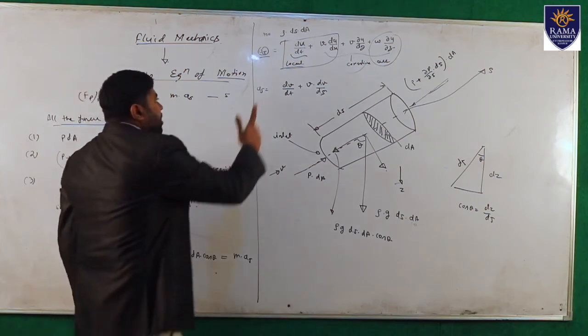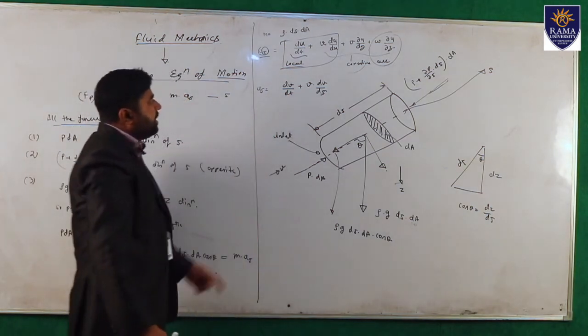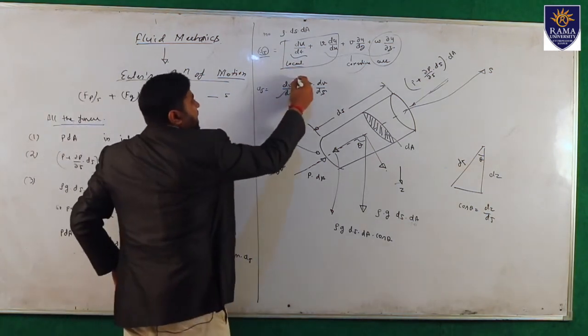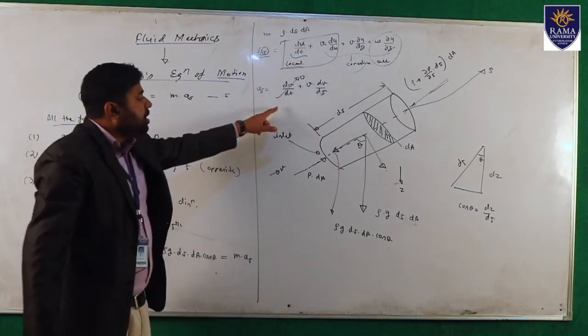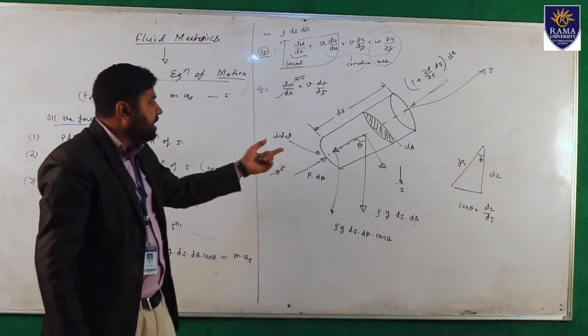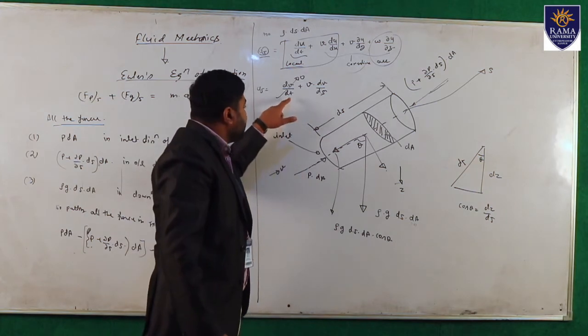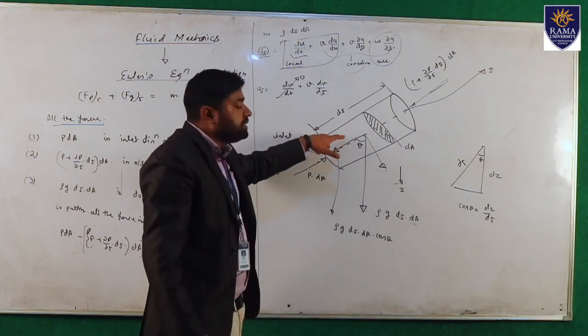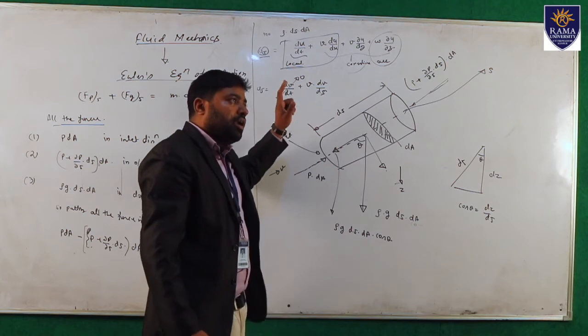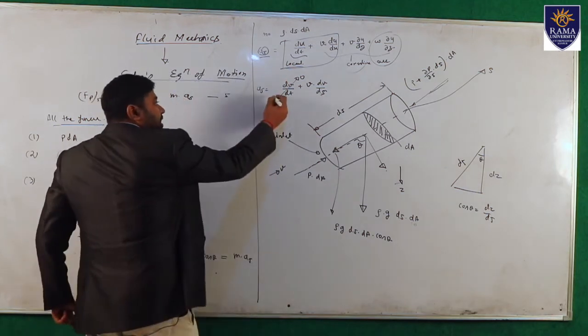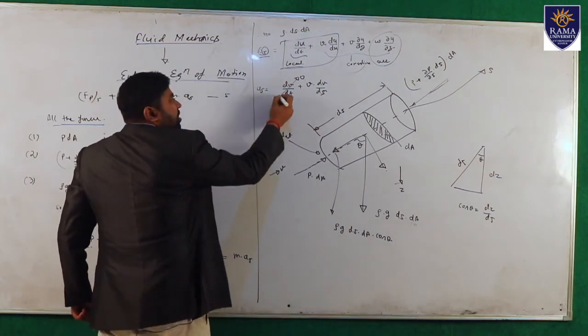Now dv upon dt can be taken as 0. Why 0? Because earlier we said that this flow is steady, not unsteady.